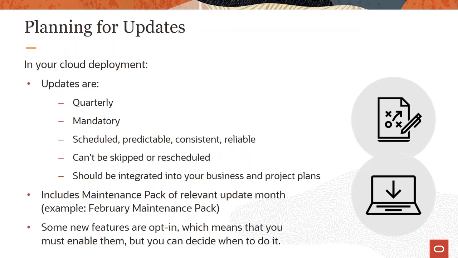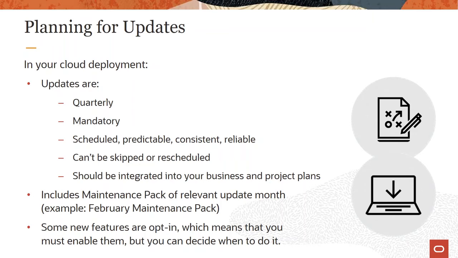And there are more details in the notes below this slide on the update policies and frequently asked questions on updates and so on. But note that updates are coming at you on a quarterly basis. They are scheduled, predictable, and they cannot be skipped or rescheduled. So you do need to factor them into your business, in other words, your project plans for maintaining your system current.